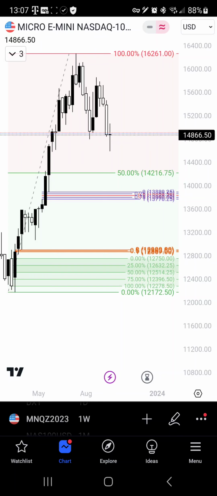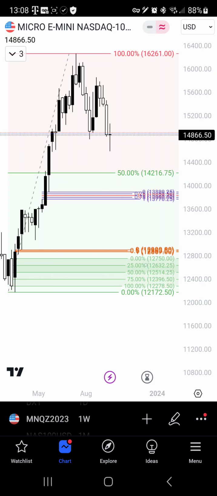All right. Now, the market needs to come down before going up. It wants to give the big players opportunity to take some type of discount before heading up.